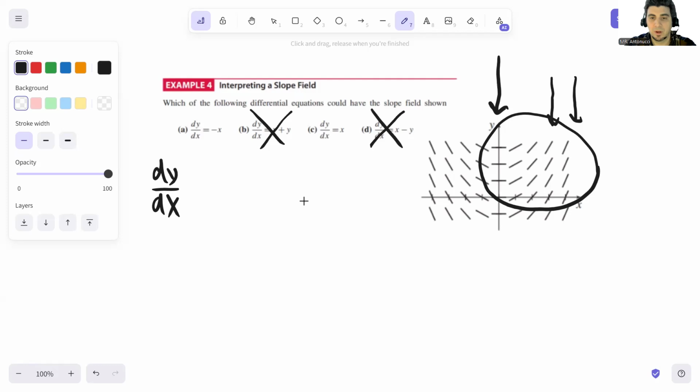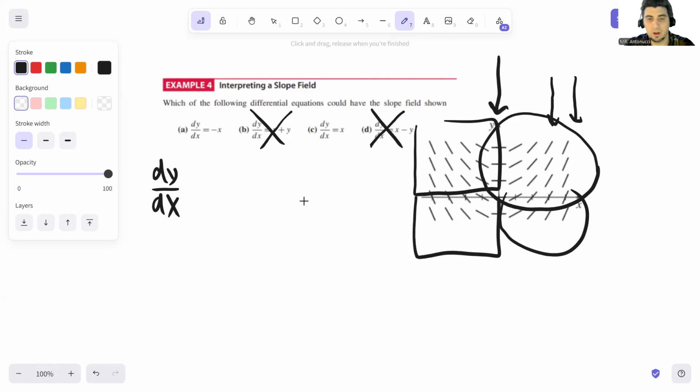And also quadrants 1 and 4 all have positive slopes, and then quadrants 2 and 3 all have negative slopes. So that means basically when x is positive, the slope's going to be positive, and when x is negative, the slope's going to be negative. That aligns with equation C, not A. That's the reverse of what we did.